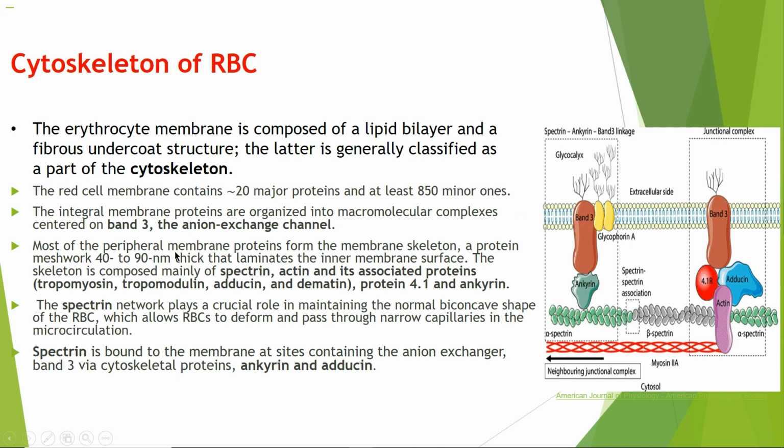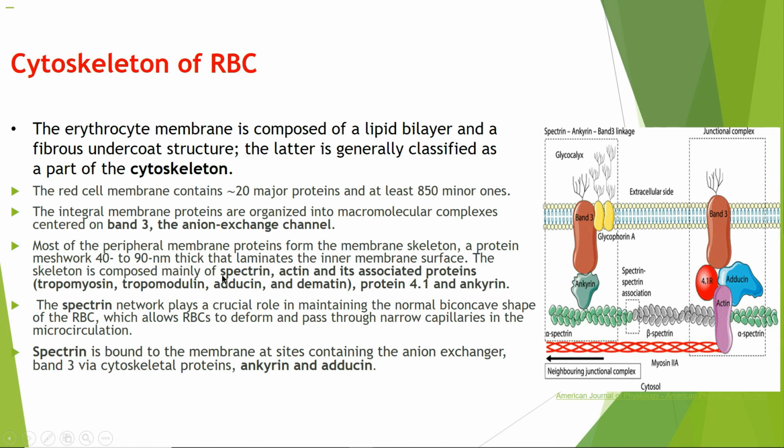Most of the peripheral membrane proteins form the membrane skeleton, a protein meshwork 40 to 90 nm thick that laminates the inner membrane surface. So here you can see different proteins laminating this inner membrane surface. These proteins include spectrin, actin, and associated proteins like tropomyosin, tropomodulin, adducin, dematin, protein 4.1, and ankyrin.